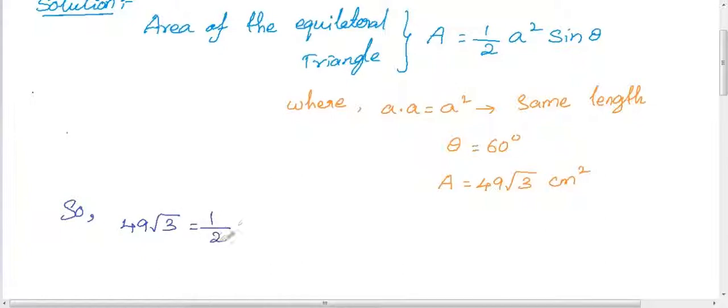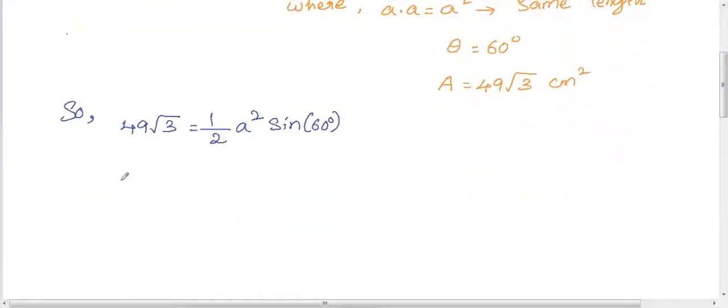So if we plug these values into the formula, we'll get 49 root 3 is equal to 1 by 2 into A square into sine 60. So we know that the sine 60 value is root 3 divided by 2. So 49 root 3 is equal to 1 by 2 into A square into root 3 divided by 2.